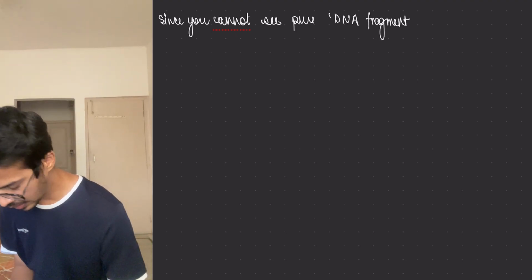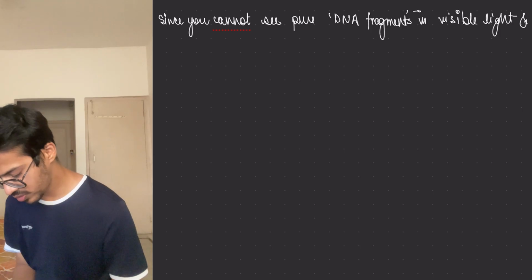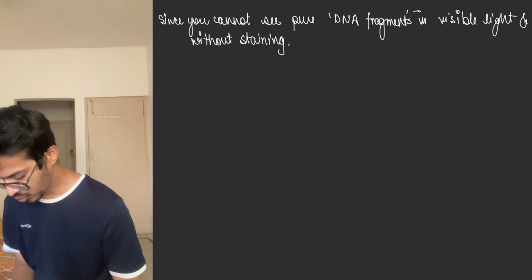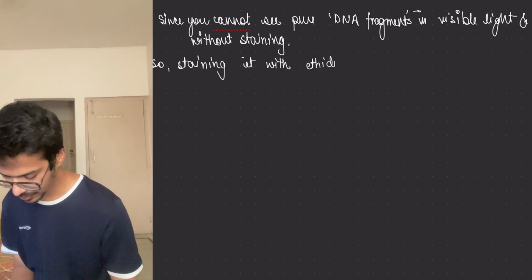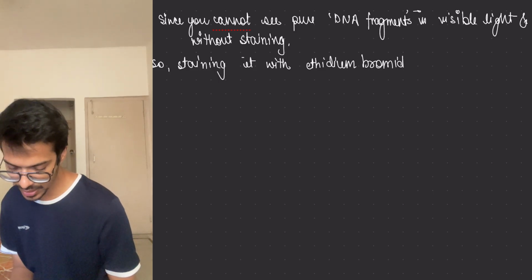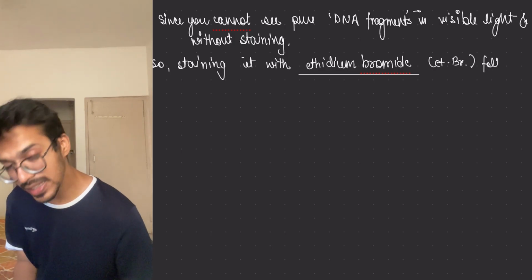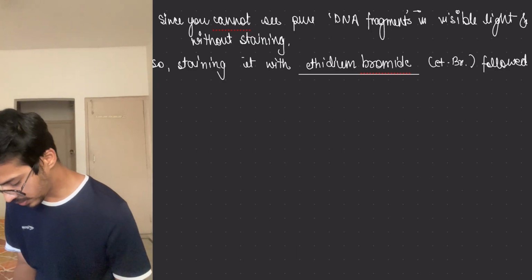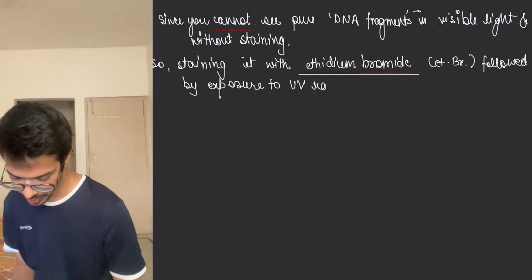Since you cannot see pure DNA fragments in visible light and without staining, we stain it with ethidium bromide, which in short form is written as EtBr, followed by exposure to UV radiation.